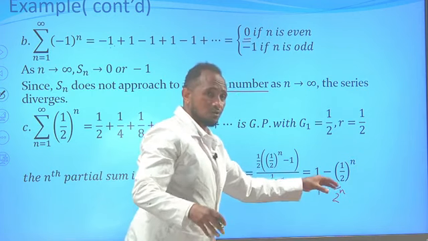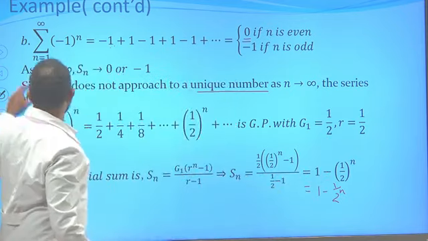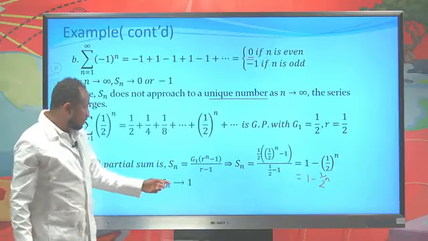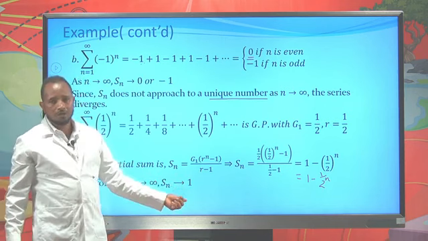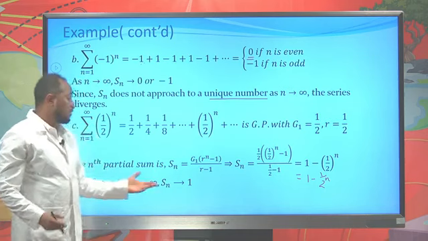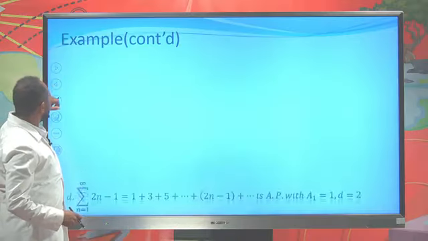So 1 minus 0 is 1. So this sequence converges to 1; as n goes to infinity, Sn goes to 1. Therefore, since it converges to a unique number, the series converges. Okay, so let's proceed to the other part.